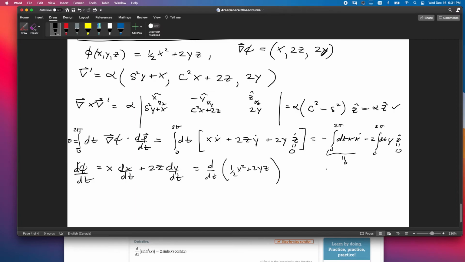Because essentially we have the integral of dt x dot is equal to negative the integral of dt x dot. So therefore, it has to equal 0. Okay, so it works.